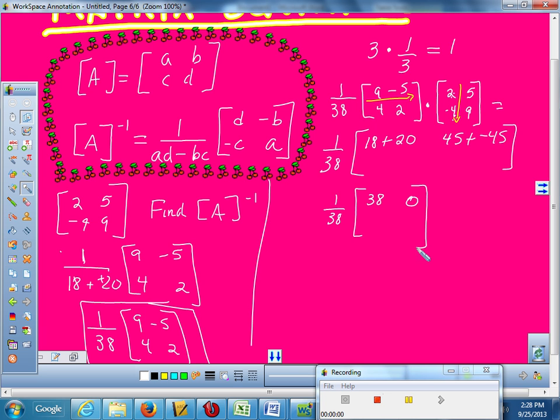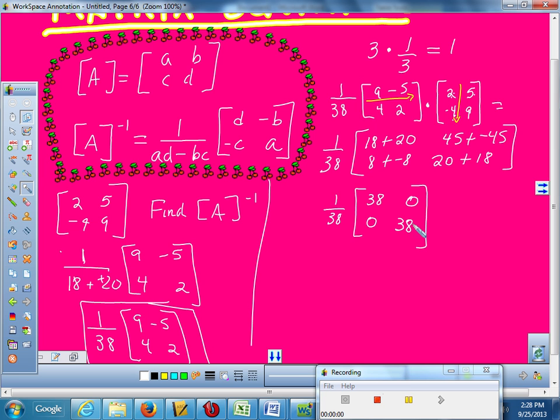And then do the bottom row, same thing. Bottom row times first column, 8 plus -8, which would make a 0. And if I take bottom row times second column, 20 plus 18 would be 38.